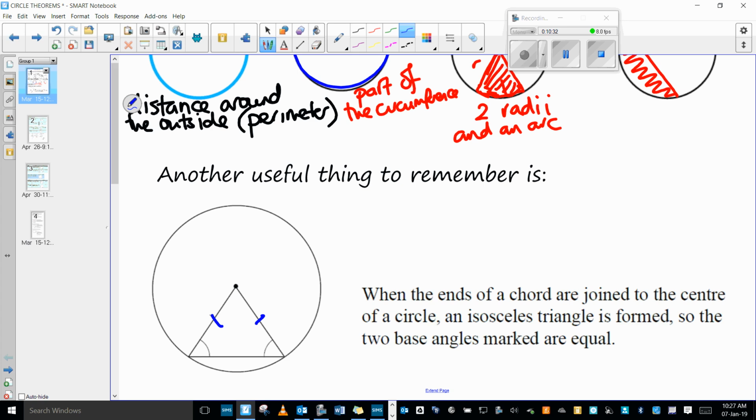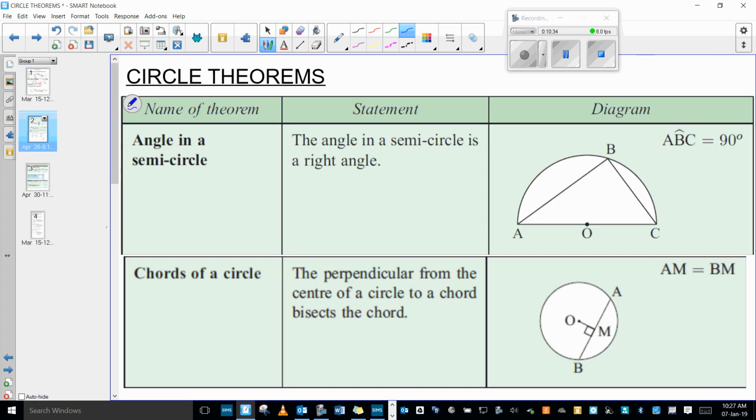Let's move on. Essentially, I just picked these from a book because, quite frankly, drawing them all is a pain. In the same way that when we had all those straight line angle geometry, we have the reason.